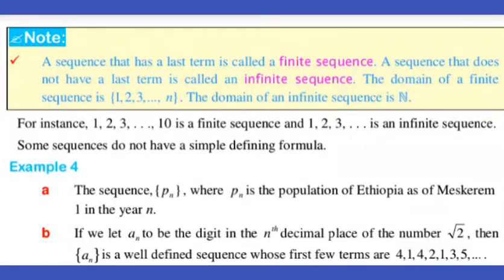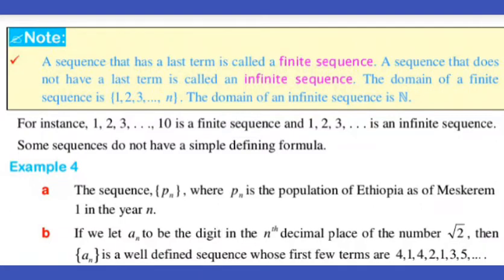Therefore, this sequence is said to be an infinite sequence. The domain of a finite sequence is 1 up to n, and the domain of an infinite sequence is the natural numbers, starting from 1 up to infinity. There is no limit. For instance, 1, 2, 3 up to 10 is a finite sequence, and 1, 2, 3 up to infinity is an infinite sequence.